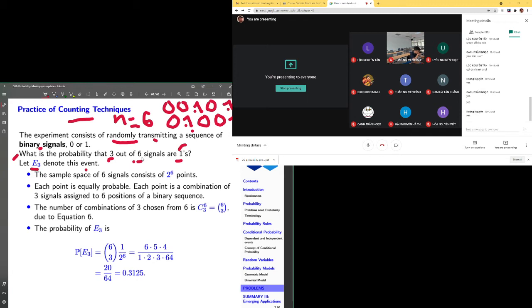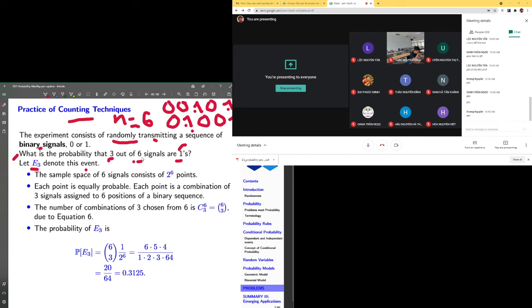But then how can we compute the numerator up there? Okay, you have to make some argument. You say that the points must be equally probable, and 1 point inside the sample space will be a combination of 3 symbols you put into the 6 empty positions. You go like this, you see here, the first example.